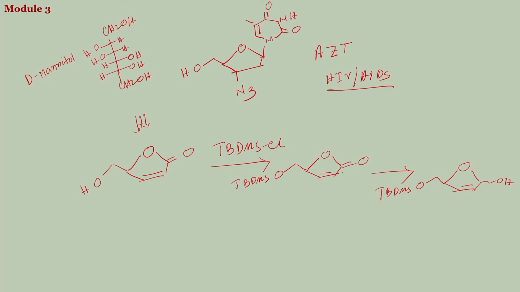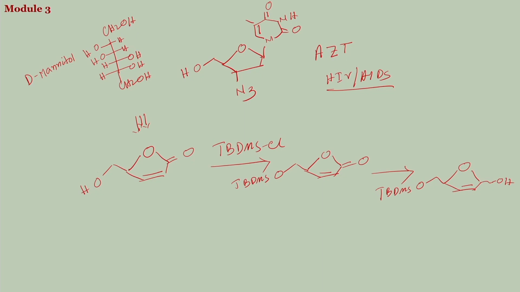TBDMS. Now, for this reduction you have to use a reducing agent. The usual reducing agents are sodium borohydride, lithium aluminum hydride and so on, but since this is only a single carbon reduction, you want to avoid reagents which have multiple H minus. So you use DIBAL-H here. It is a single hydride transferring agent; basically it allows only a single hydride transfer.